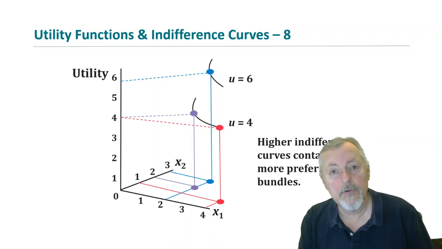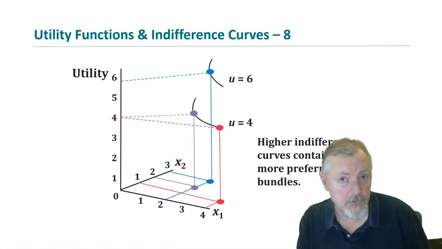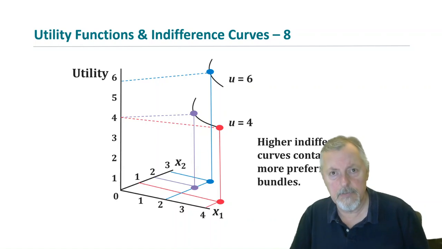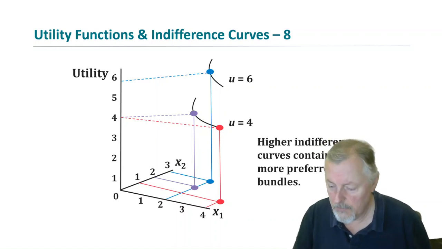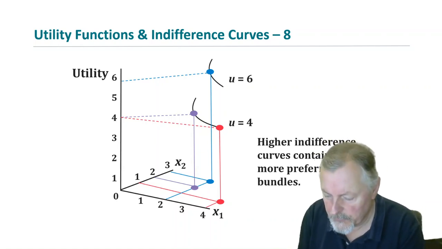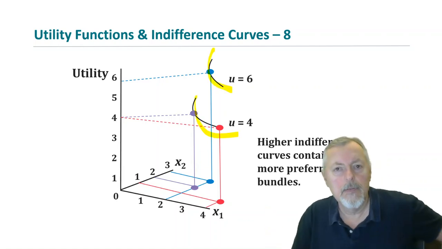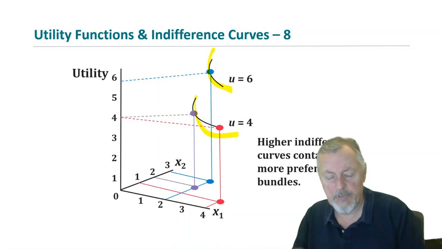If you connect together all the points in 3D space that represent the same level of utility that a consumer is indifferent between, you get indifference curves. The higher the curve, the more utility it will be preferred.